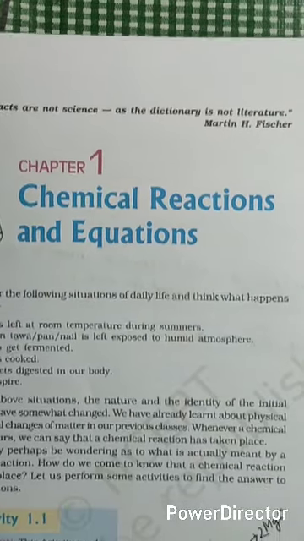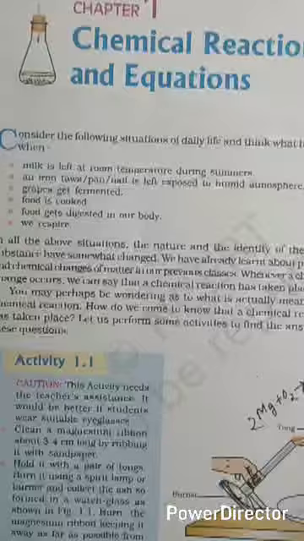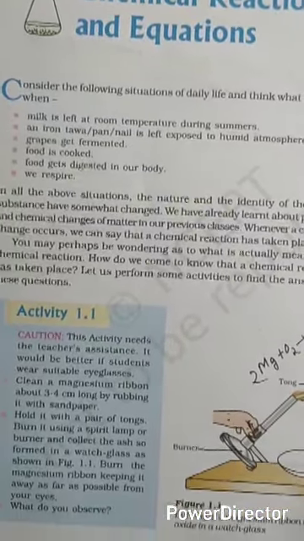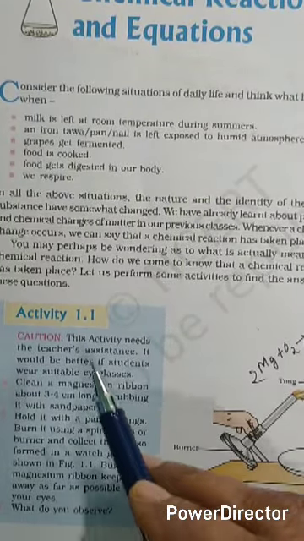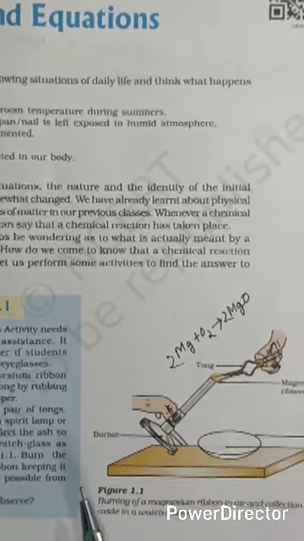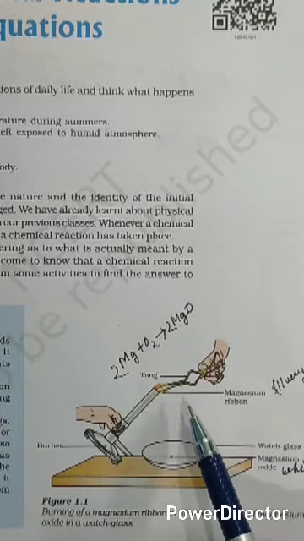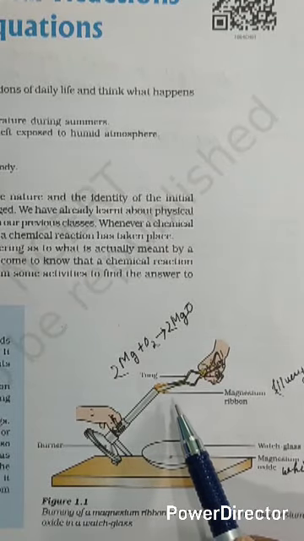So in our activity number 1, if you see activity number 1.1, it is a very simple activity. Simply you see, a magnesium ribbon is taken. What is the color of magnesium ribbon?